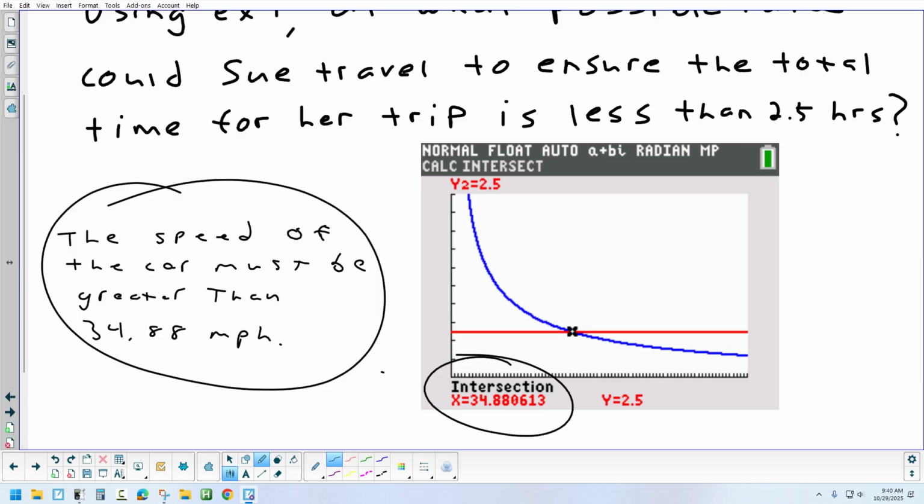Right, so you do have to just pay attention to the wording. Is it in 2.5 hours or less than 2.5 hours, things like that. Okay, she's got to be going faster than 34.88, and that'll put her in that zone, kind of, which is under the 2.5 hour mark.